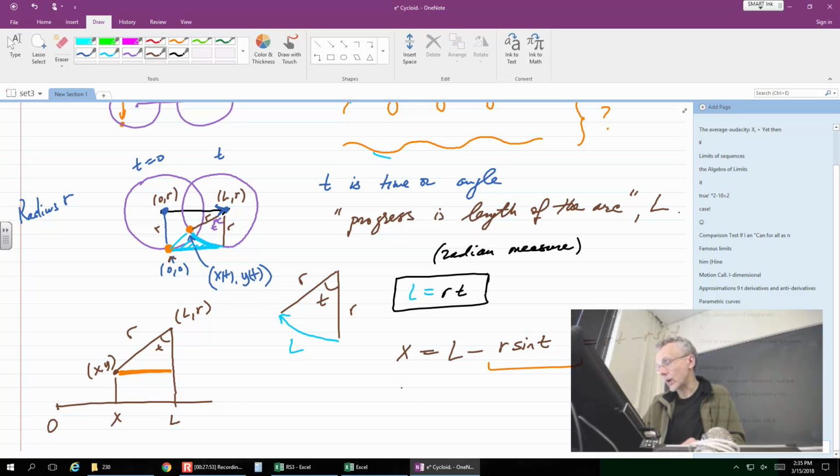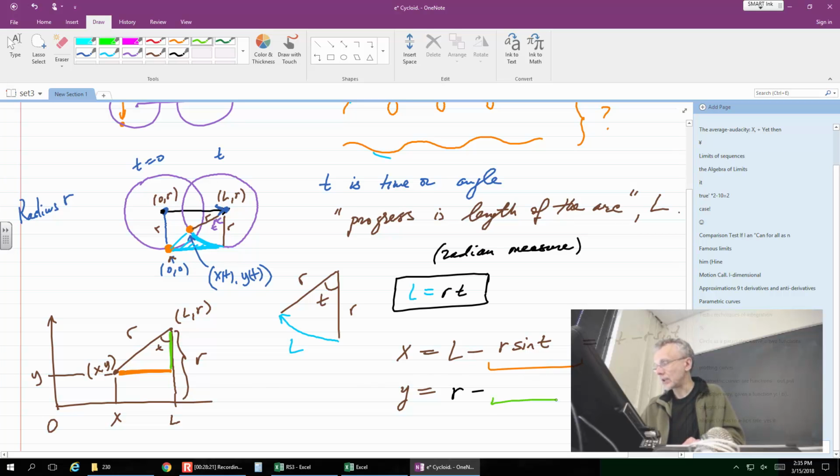So the main thing is y, and where is my y? This is my y. Okay, and what is y? Once again, this is r. So what I need to find is this. So it will be r minus this green piece.